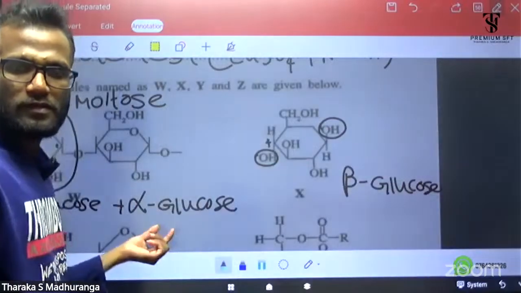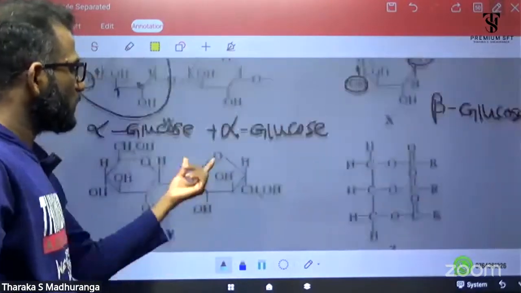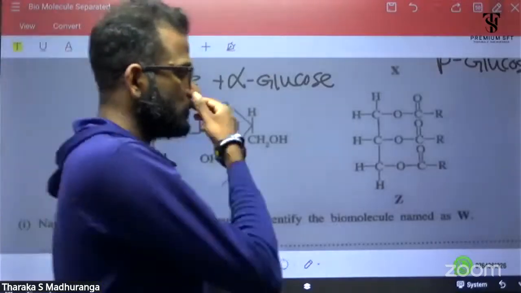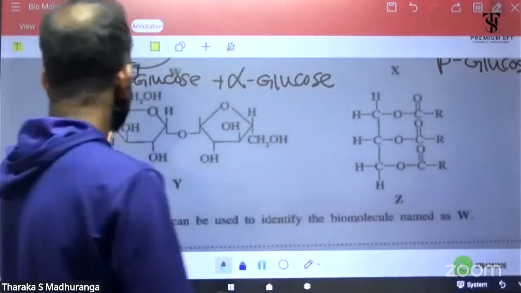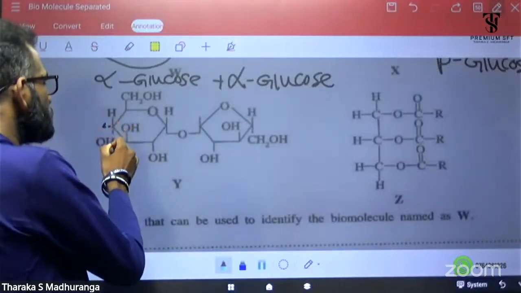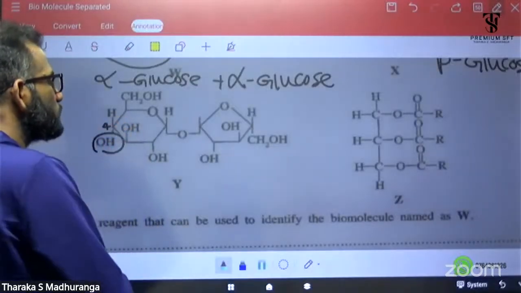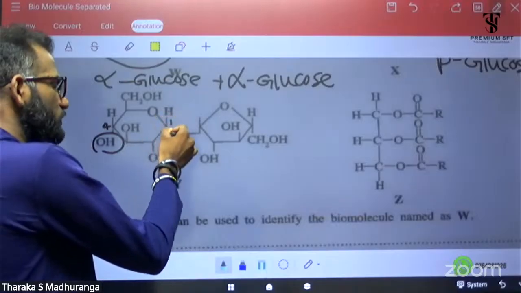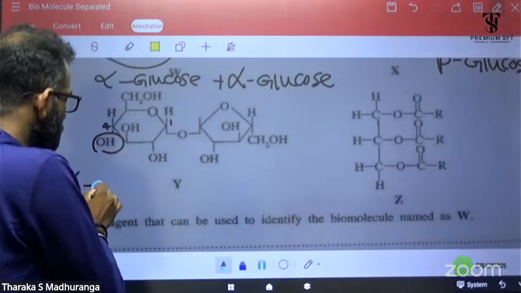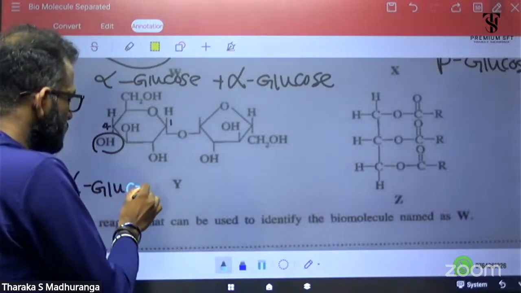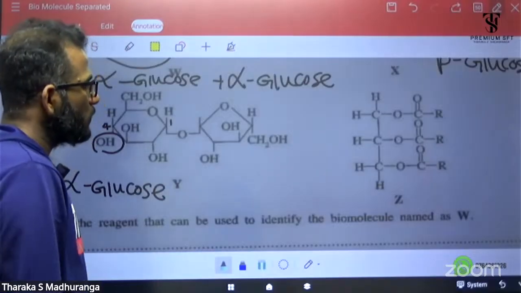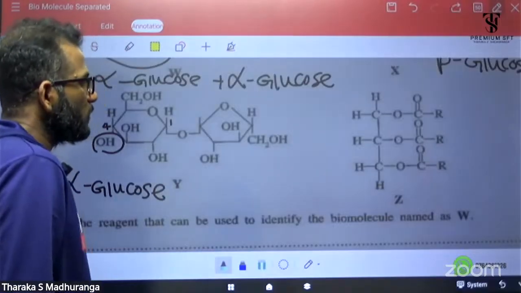Beta glucose. What is this? Fourth carbon OH downward, it is glucose. First carbon OH downward, it is alpha glucose, right? Alpha glucose. I think you all can identify them.